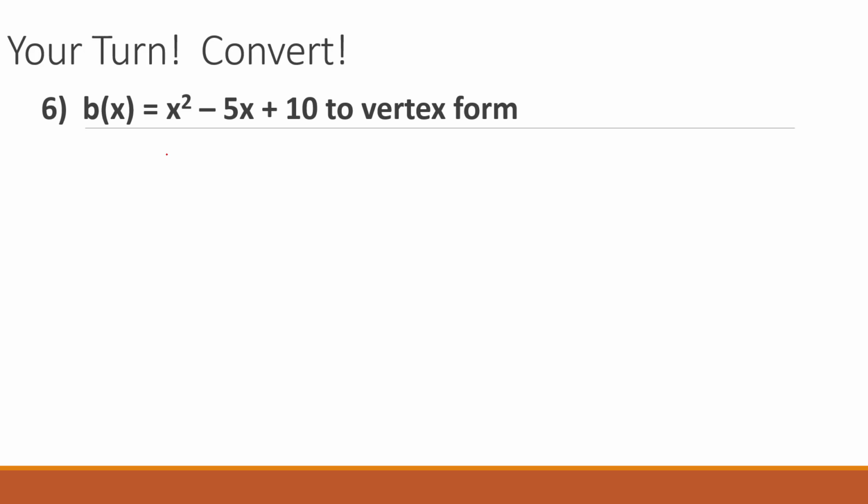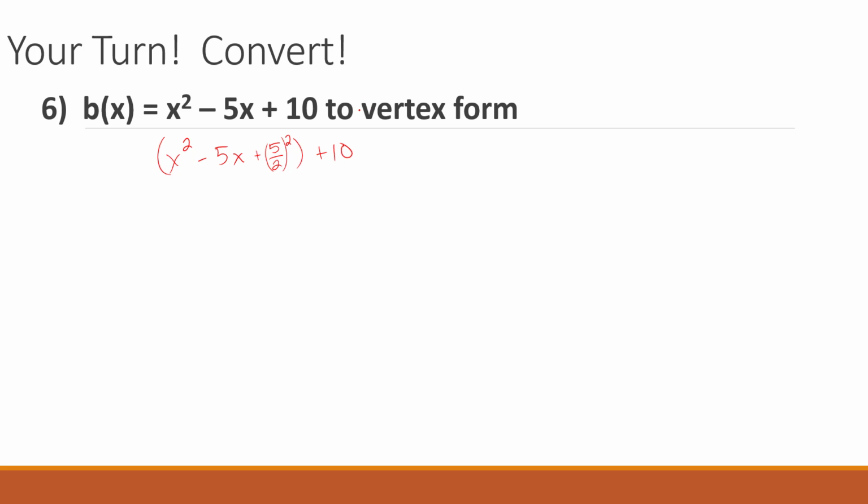All right, welcome back. So we have x squared minus 5x, that's going to be my parentheses, plus 10 outside the parentheses. My leading term in front of x squared is a 1, so that's good. Half of -5 is 5/2 squared.